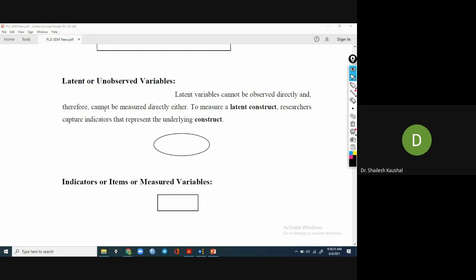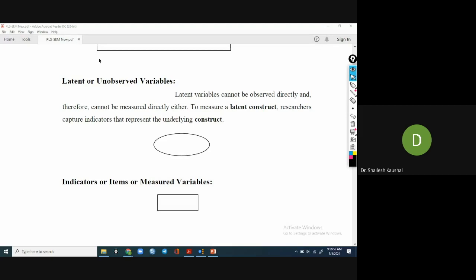We cannot identify them directly, but by using questions we can understand the latent phenomena. Same as satisfaction: I cannot measure satisfaction directly unless I ask some questions to the respondents.